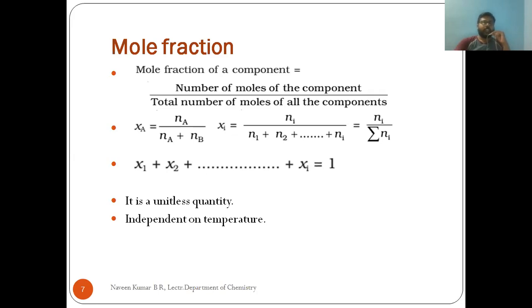So here Na stands for number of moles of solvent, Nb stands for number of moles of solute. This X is the symbol of mole fraction. Xa stands for mole fraction of solvent. If it is Xb, mole fraction of solute.